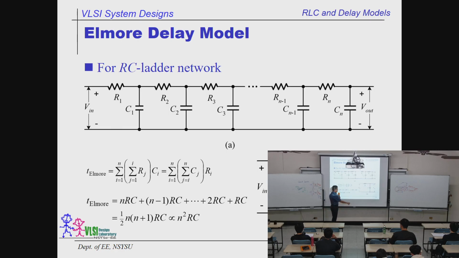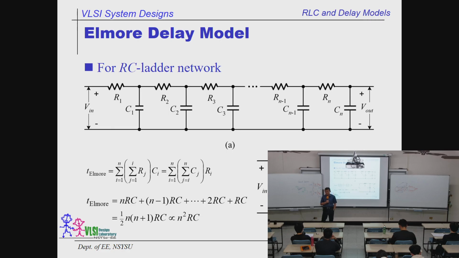So this is the delay for each segment if they are assumed equivalent. This is the overall solution. N times RC is the last one, then the second one, all the way down. Add them up together and it becomes a very interesting but simple equation: half of N times N plus 1, which is equivalent to N squared RC.